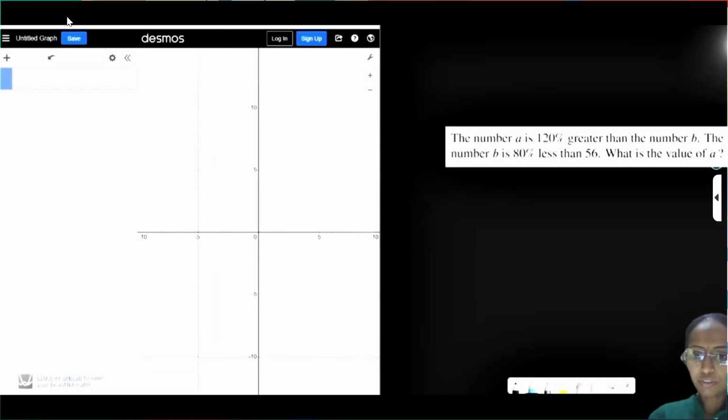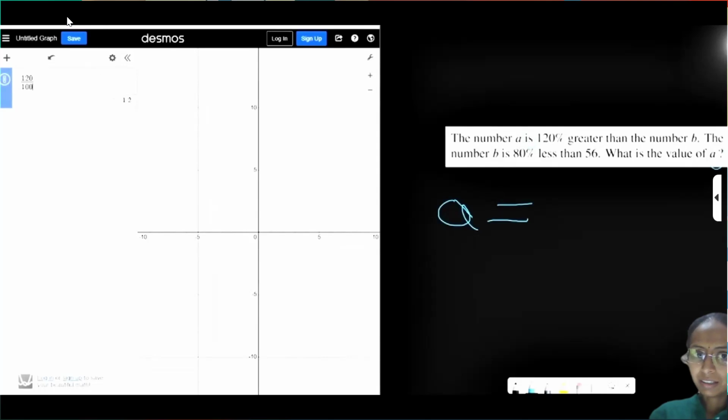First of all, you can see over here that A is 120% greater than B. That means my A is equal to 120%. We can convert this 120% to a decimal by using the Desmos calculator, like 120 by 100. This gives the answer 1.2.